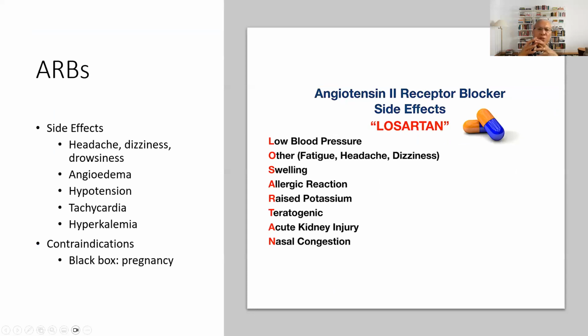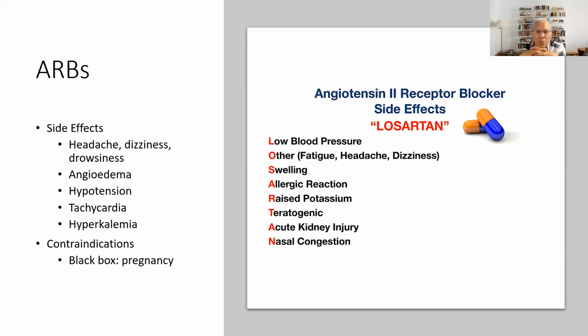The most common side effects are mild and non-specific, and they might include headache, dizziness, drowsiness. They also have been associated with the development of angioedema, and it could also cause postural hypotension, as well as tachycardia.